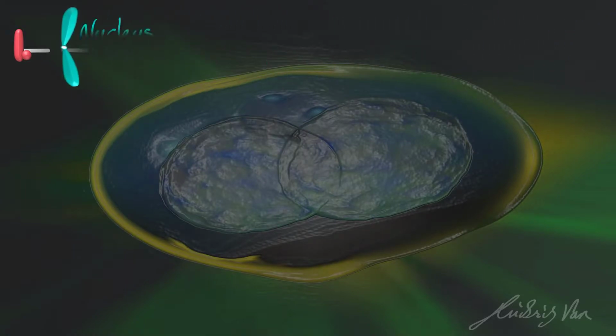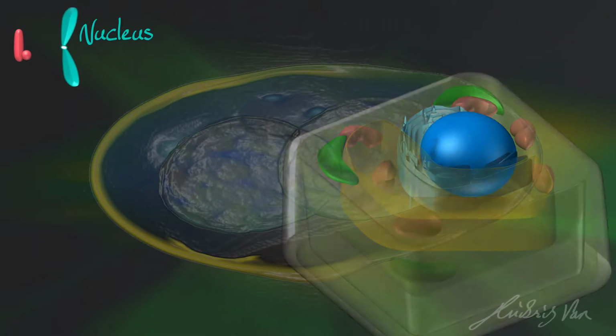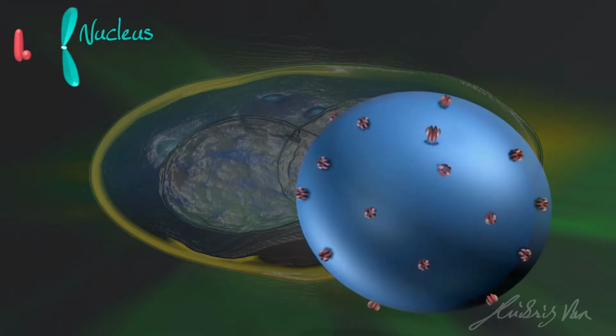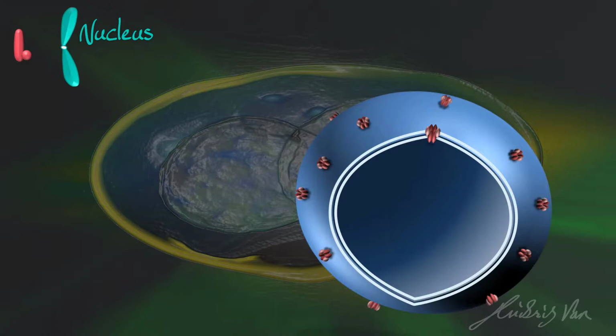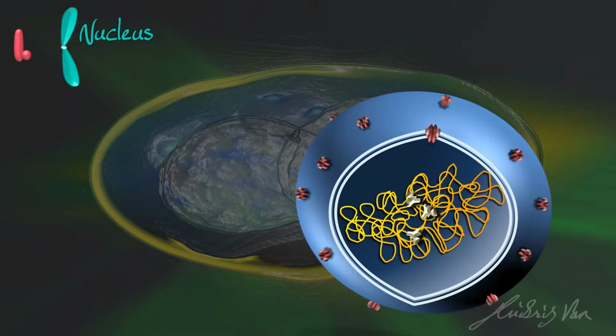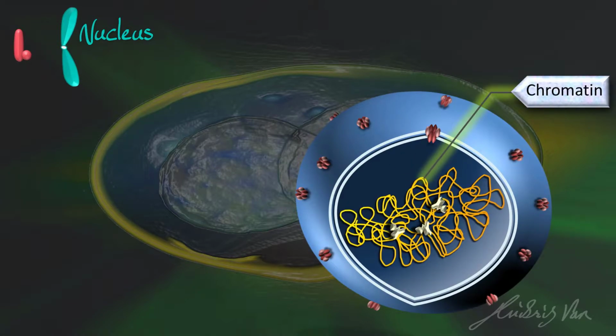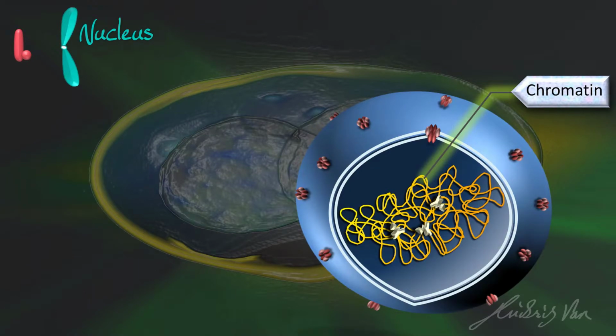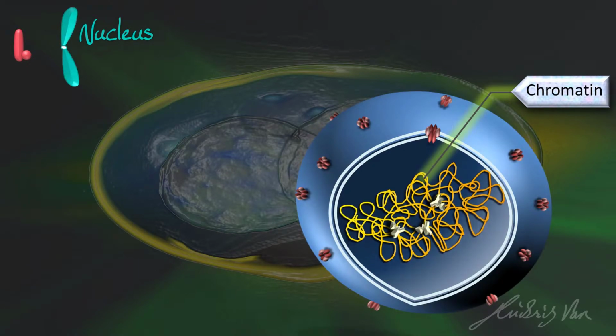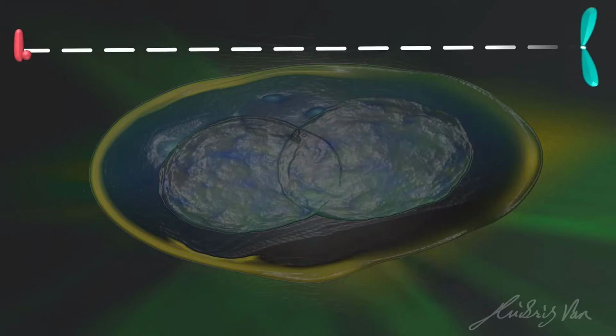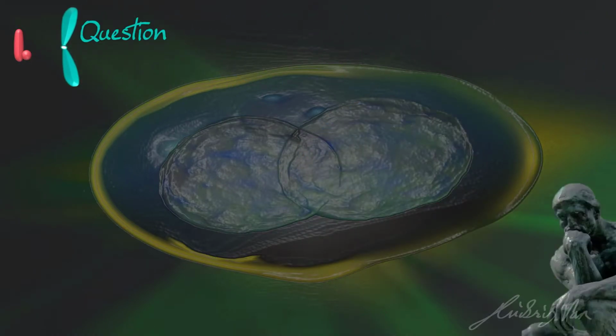Before we continue, let us recap what is found inside the nucleus of our cell. Inside the nucleus of our cell, there is our genetic material or DNA in the form of chromatin. But what exactly is chromatin? To answer that, I actually have a question for all of you.